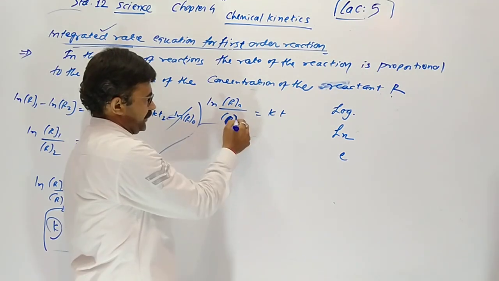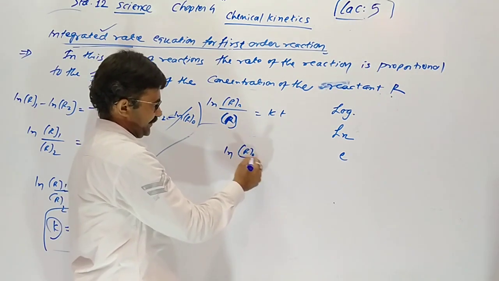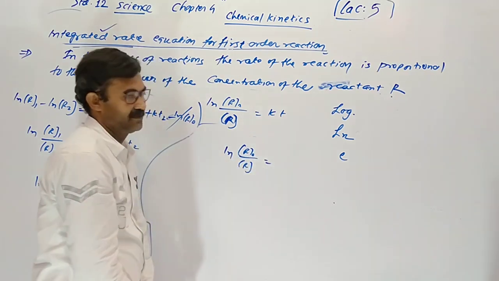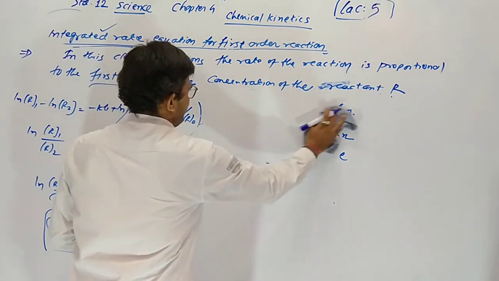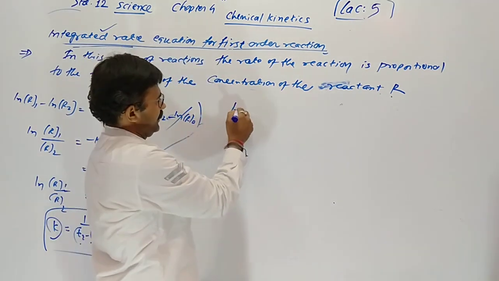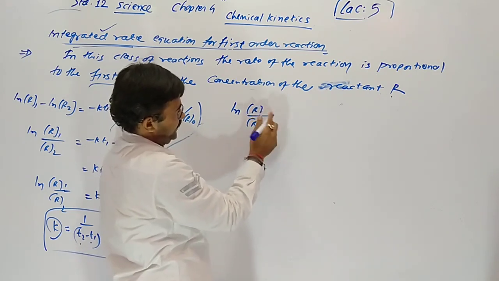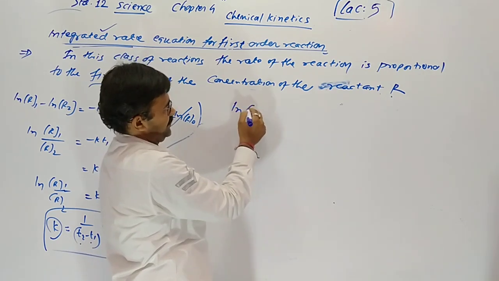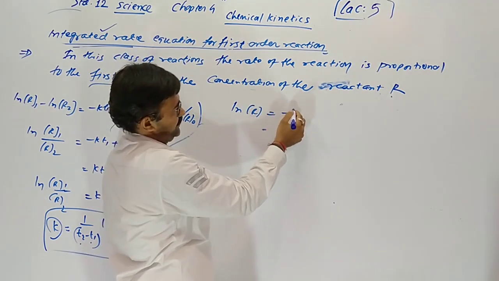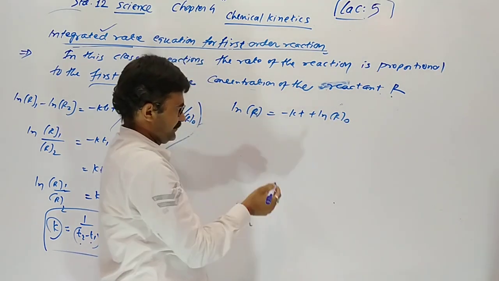Just as to remove log we take the anti-log, for the removal of ln, ln R upon R0. Actually our equation is ln R is equal to minus kt plus ln R0.